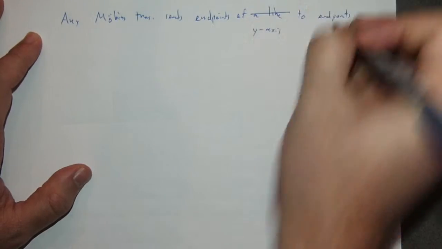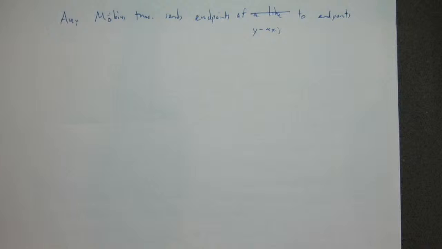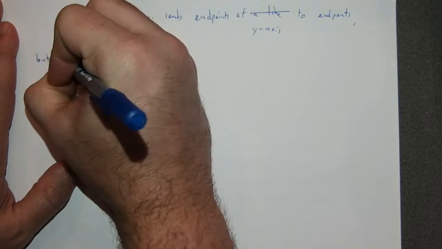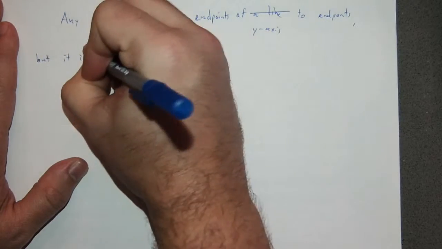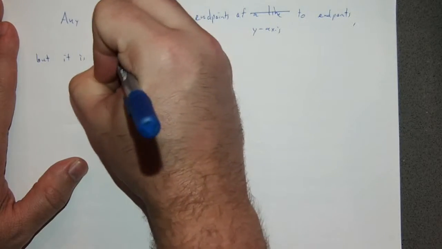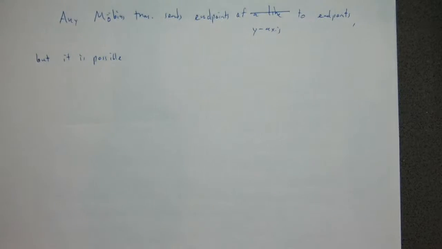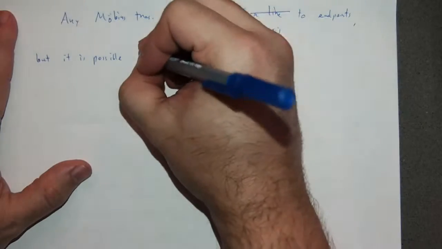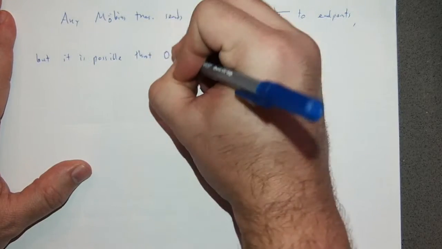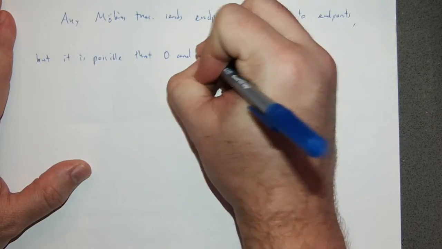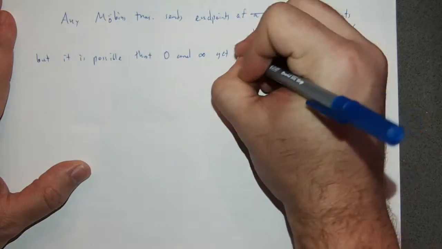So this is true, but for this particular example, all I care about is the y-axis. So any Möbius transformation of the y-axis sends endpoints to endpoints, but it is possible, in fact it is guaranteed if certain Möbius transformations are used, that 0 and infinity get exchanged.